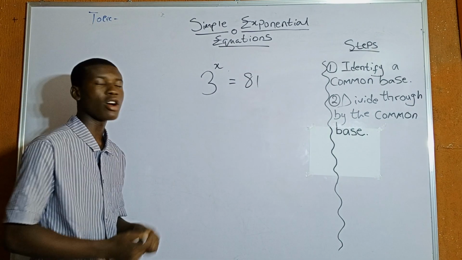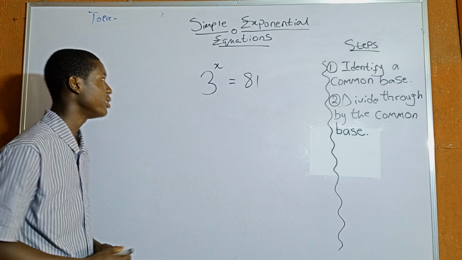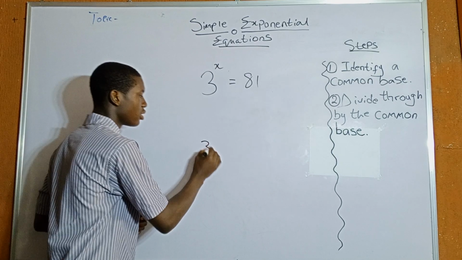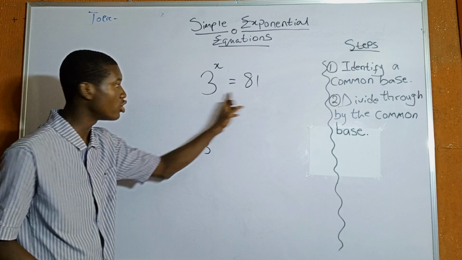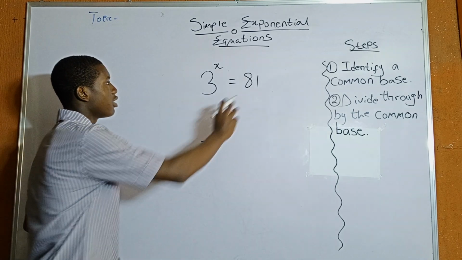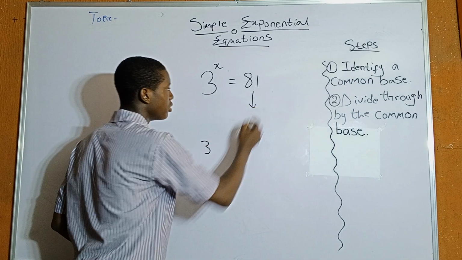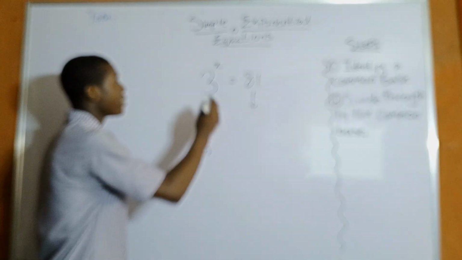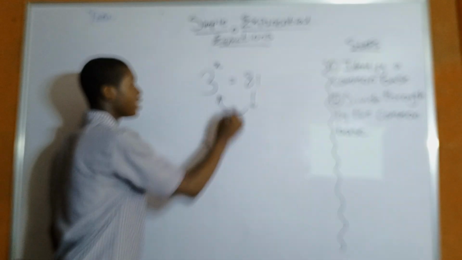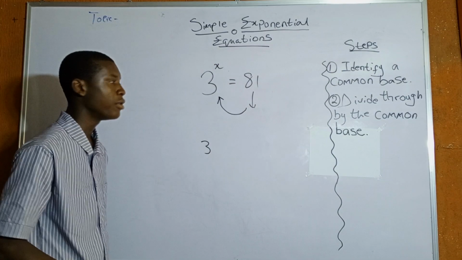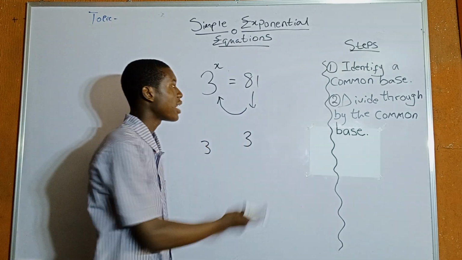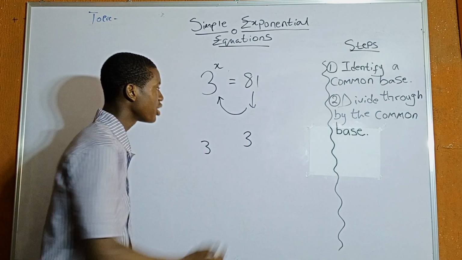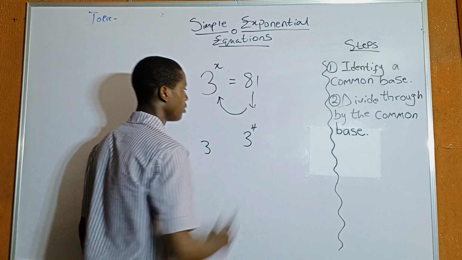To identify a common base simply means a base which can be used to express these numbers. 81, for example, can be expressed to a base of 3. How? 3 raised to power something can give you 81, which is 3 raised to power 4.